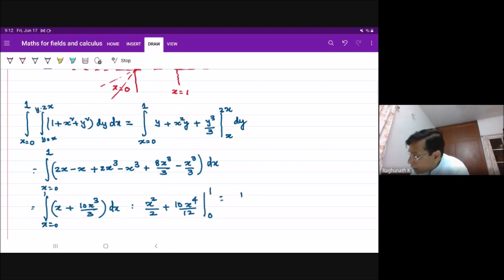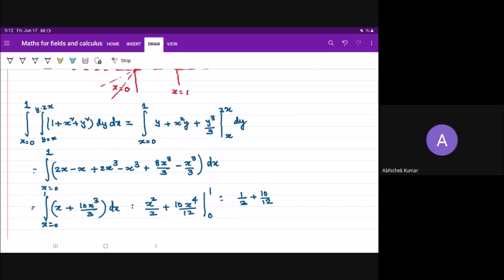So it is 1 by 2 plus 10 by 12. Correct? 10 by 12 is 5 by 6. 5 plus 3, 8 by 6, or 4 by 3. 4 by 3.